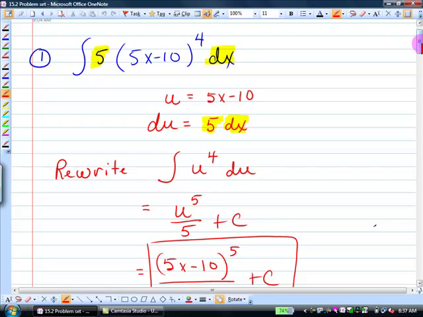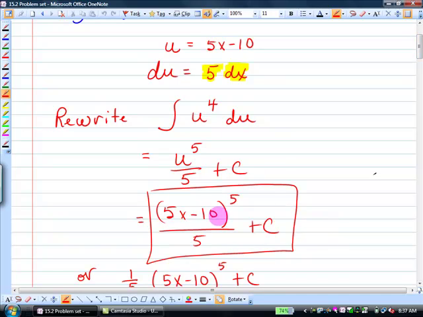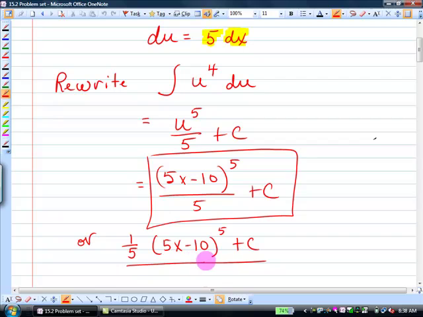And then you substitute back in, put your u in, you have that thing to the 5th over 5 plus c. Or it could be written 1/5 of that plus c. For me on the test, either way. I think this way is what you'll need on MyMathLab, but I'm not positive.